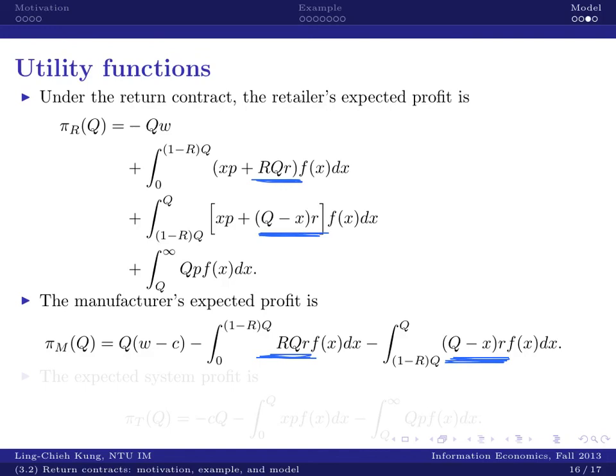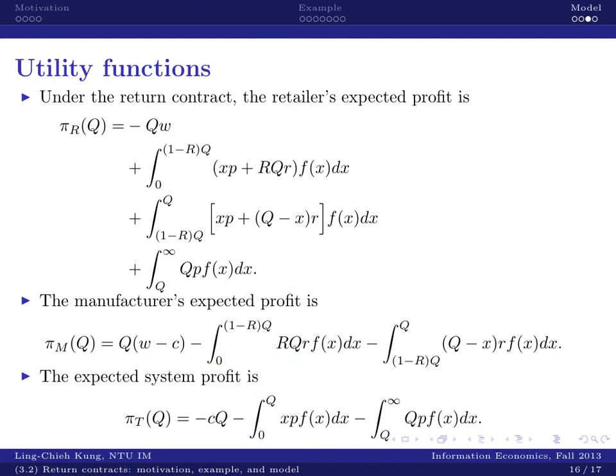In either case, the manufacturer is going to take some returns from the retailer, and the manufacturer needs to pay something to the retailer. So the two terms here are the expected return credits the manufacturer pays to the retailer. If you sum both of them, you're going to get the expected system profit as this.